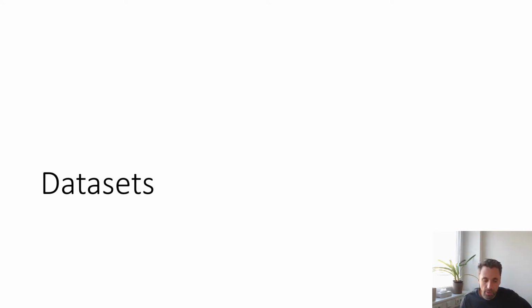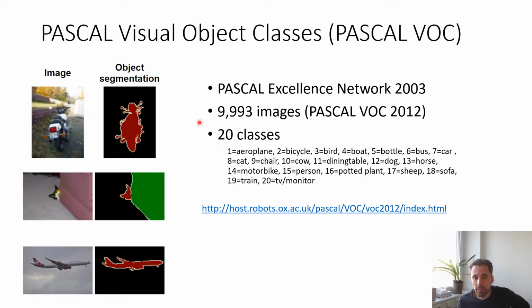Before we get into the actual model architectures, let's have a look at the data sets that we want you to work on in the assignments. First of all, there's the PASCAL visual object recognition data set that was published quite a while ago.